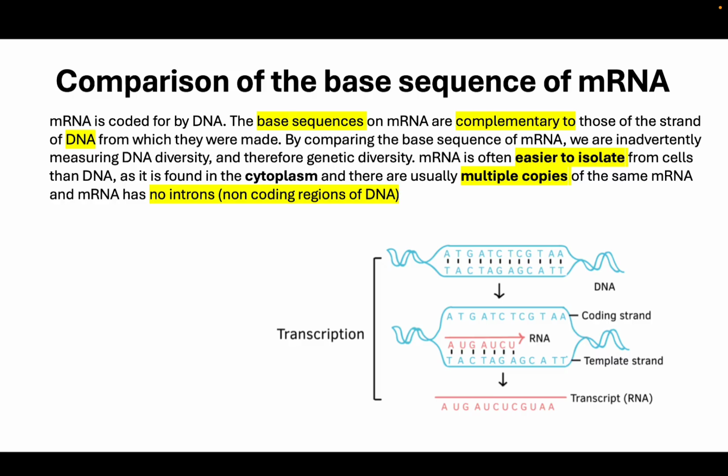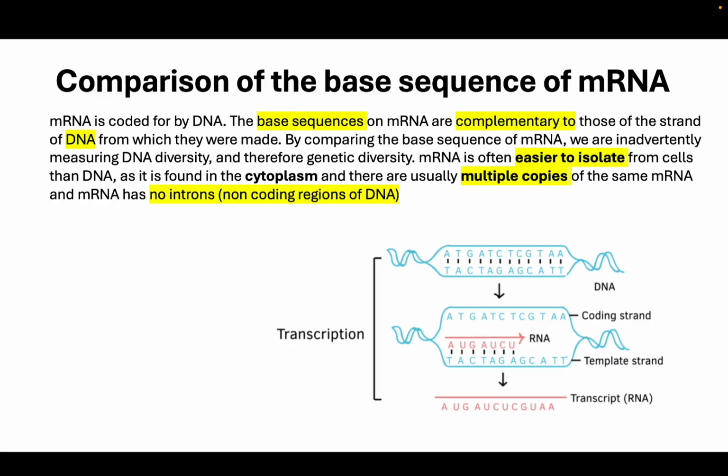Next is comparison of the base sequence of mRNA. So mRNA is coded for by DNA, and the base sequences are complementary to the strand of DNA from which they're made. So by comparing the base sequence of mRNA, we're inadvertently measuring DNA diversity and therefore genetic diversity.